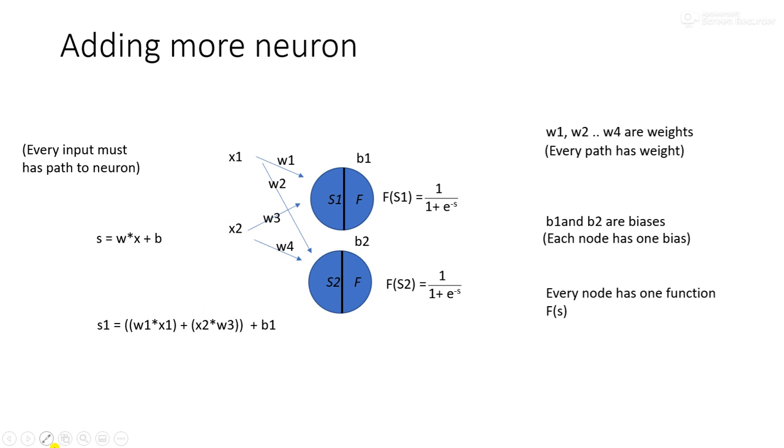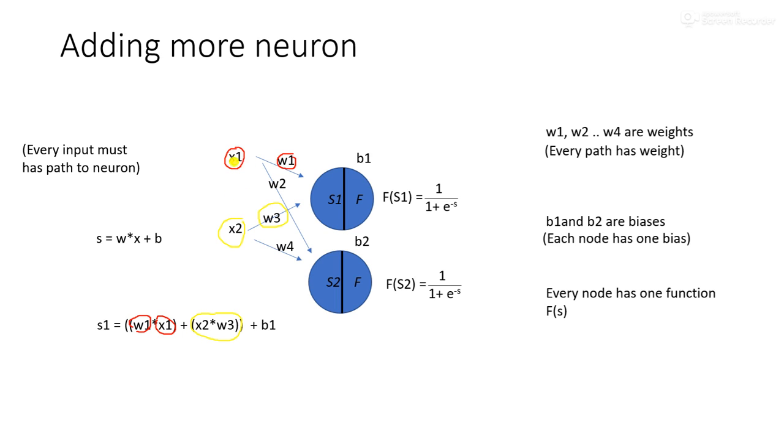So you see two outputs there, from different inputs. Remember this W1 and X1, and another one is basically W3 and X2 multiplied together. So that's what we call the summation product.